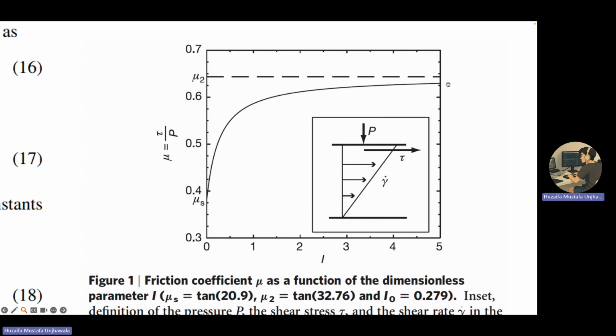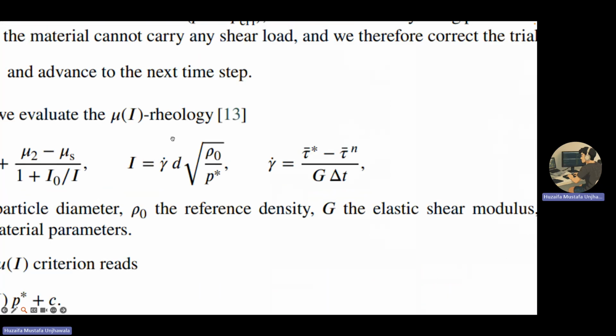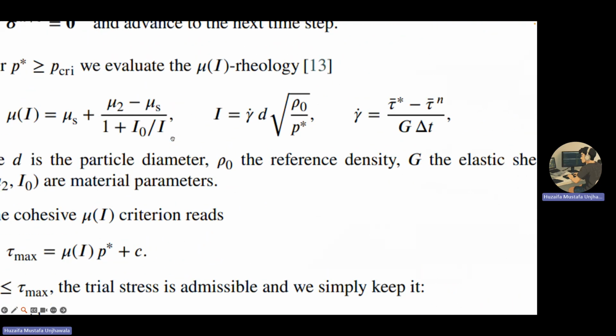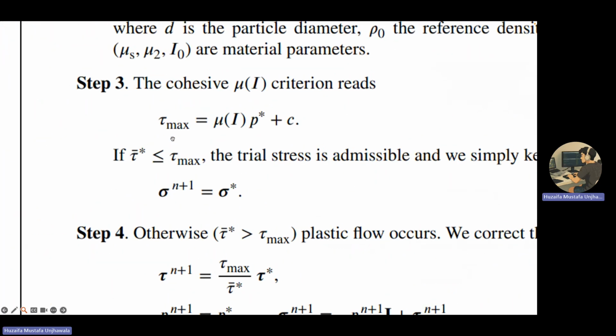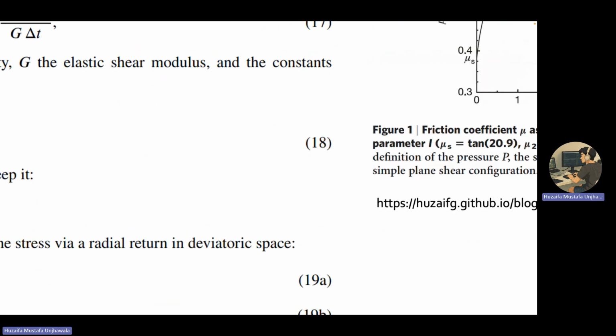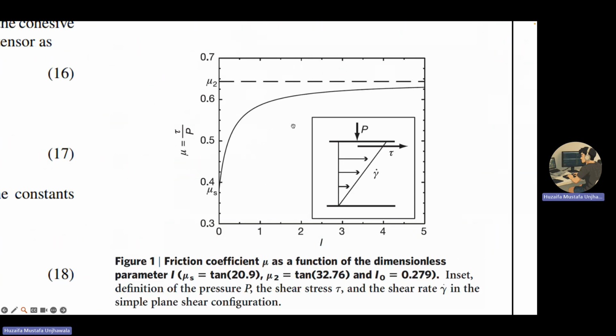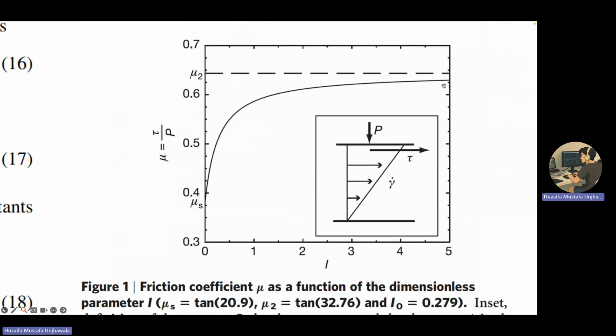And then you can define this mu2 parameter, which is the maximum friction that I can have, which is over here. And then the code will, based on what is happening, interpolate between these and use a mu, which will go into some equations, and you'll get stress and strain. But as a user, you just need to know how to define these parameters.